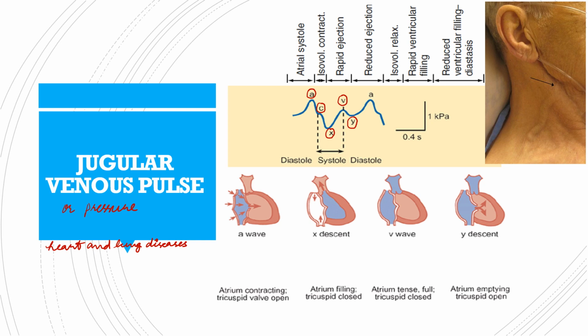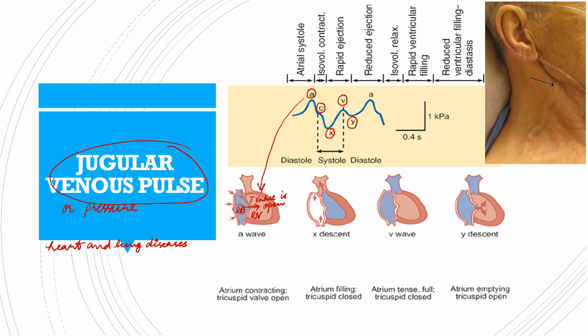So the first wave, that is the A wave, appears when the right atrium contracts while the tricuspid valve is open and the right atrium empties its blood into the right ventricle. This phase is called atrial systole, and during atrial systole, the A wave in the jugular venous pulse appears.